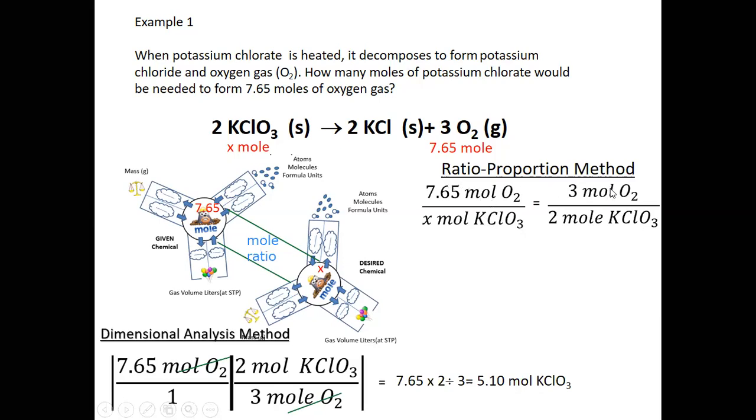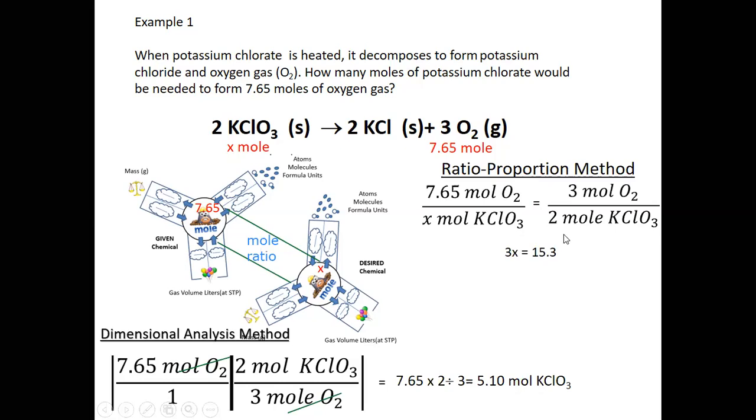Therefore, they will be proportional. The values that we substitute in that go with these labels then become the mole ratio. So whenever we use the ratio proportion method, we will also always use a mole ratio. Those will come from the coefficients. The coefficient of 3 for oxygen, the coefficient of 2 for potassium chlorate.